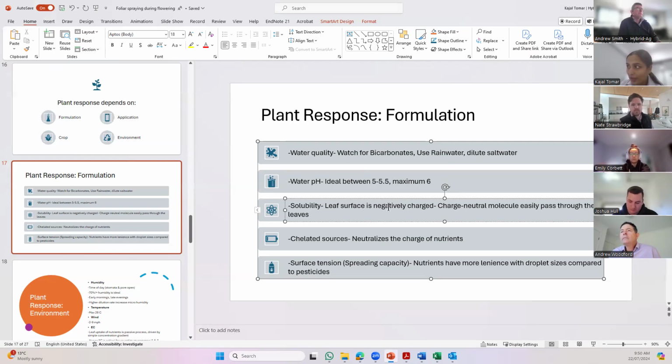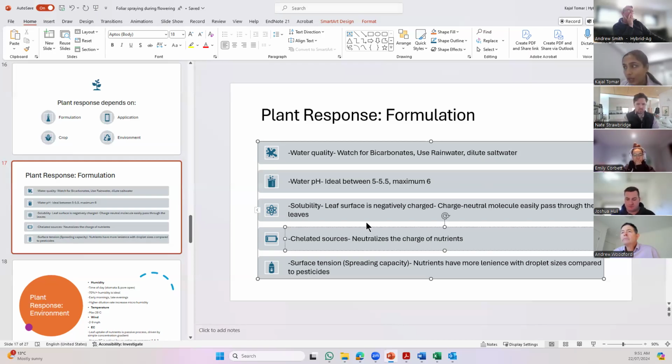Solubility. The leaf surface is a negatively charged area, and generally we need a charge-neutral molecule to pass through that leaf surface. So that's an important point to see when we are looking into products to foliar spray, and we'll talk about it a bit later in the presentation, how the charged molecule or neutral molecule will travel or translocate better into the leaf.